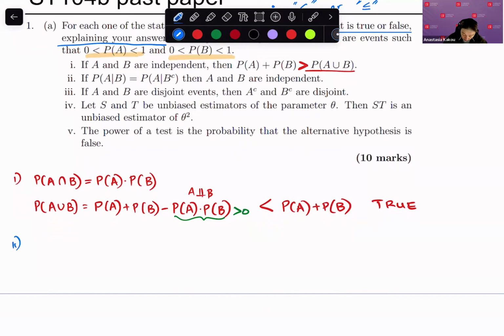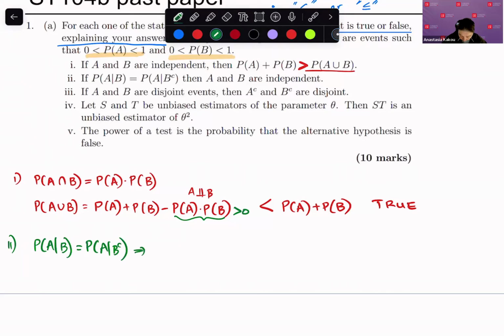In the second part of this question, you're given two conditional probabilities, and you need to check whether, if the first statement is true, A and B are independent. Let's start with the definition of conditional probability. This is the statement.